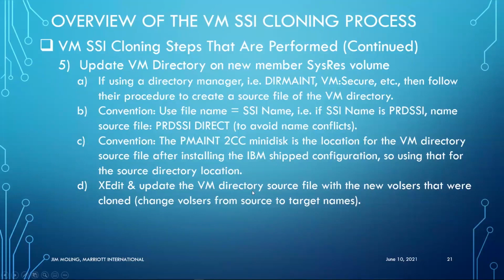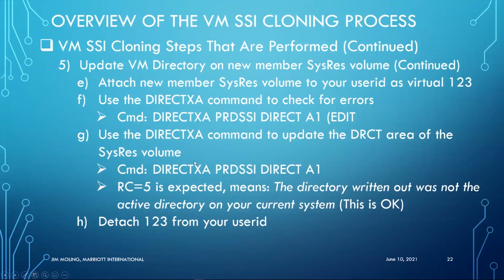Anyway, so again, the same naming convention change. The default name for the VM directory file is user direct. And again, I'm suggesting PRD SSI direct, for example, to keep it unique so it doesn't step on anything else.